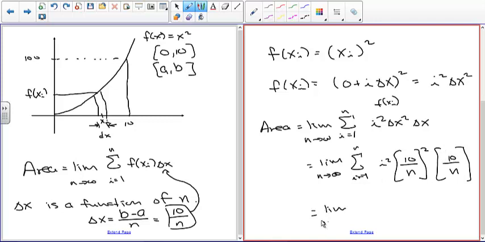So you get the limit as n goes to infinity of the summation from i equals 1 to n of, 10 squared is 100 times 10, you get 1,000 i squared divided by n cubed, because we get n squared here and n there.